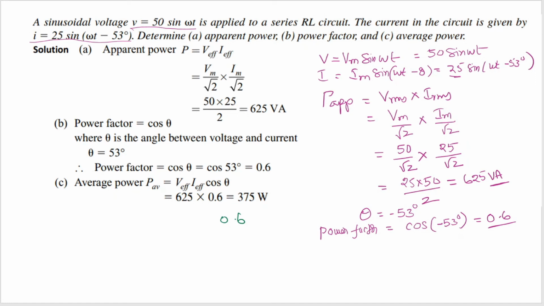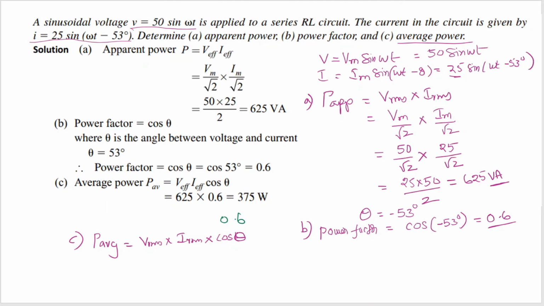Now, what is the formula for the P average value? Vrms into Irms into cos theta. He is asking you to find average power, right? This is the A bit, this is the B bit answer, and now you are calculating the C bit.